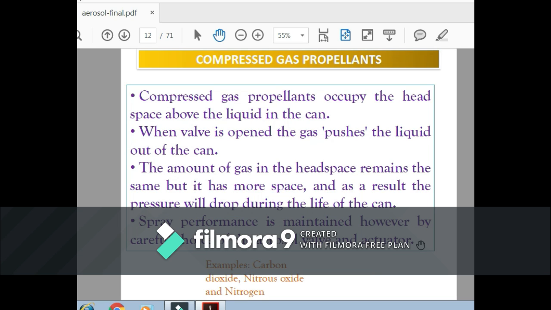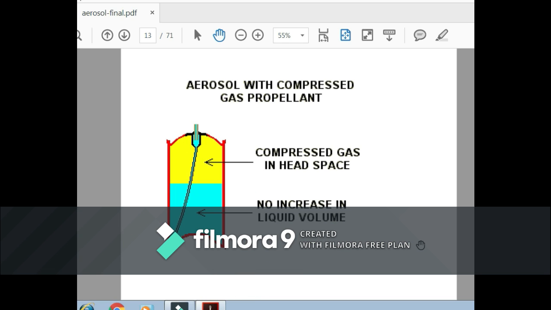Then another type of propellant is the compressed gas propellants. Compressed gas propellant occupies the space above your aerosol container. Then when we are pressing your valve, it will open the gap and it will push the liquid out of the can, just like your previous types of propellants. Examples are carbon dioxide, nitrous oxide, as well as nitrogen.